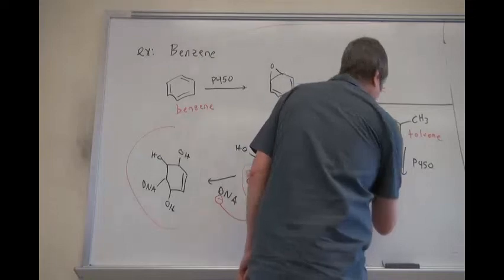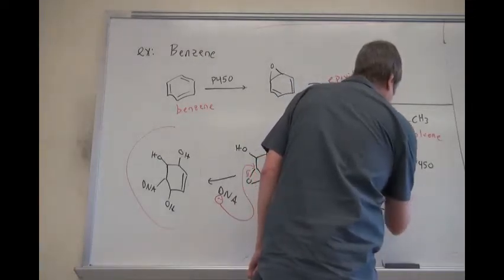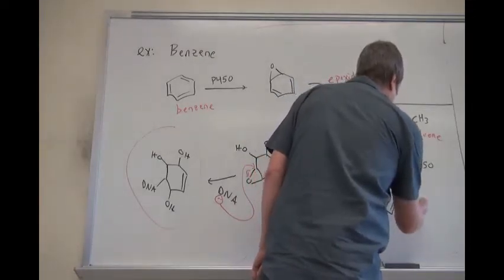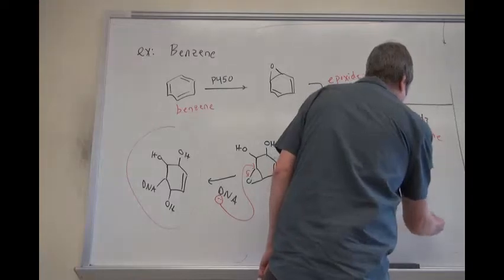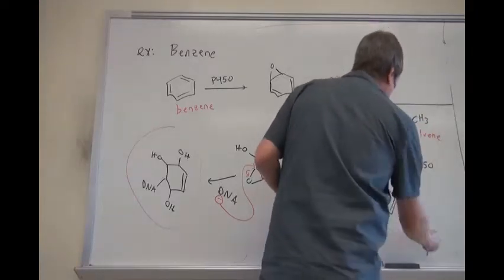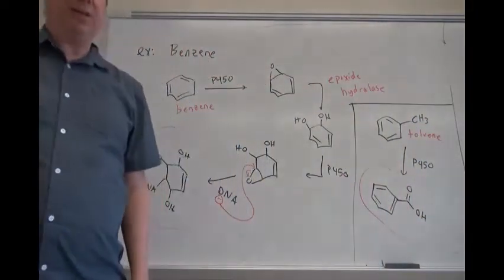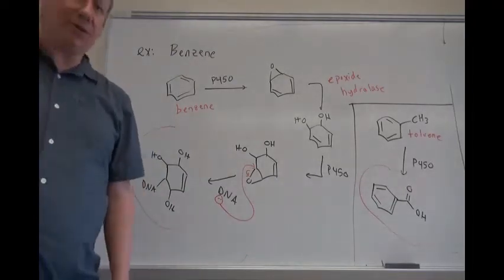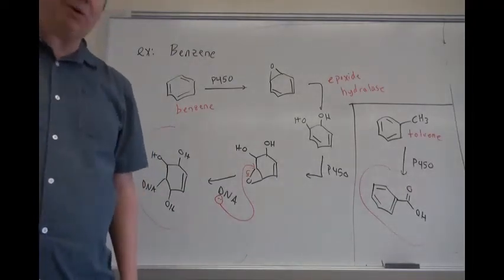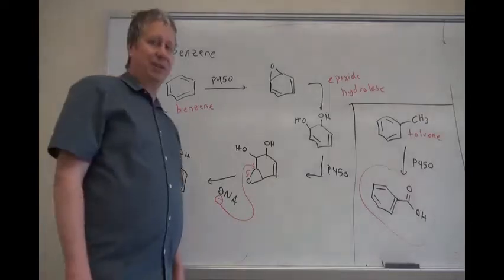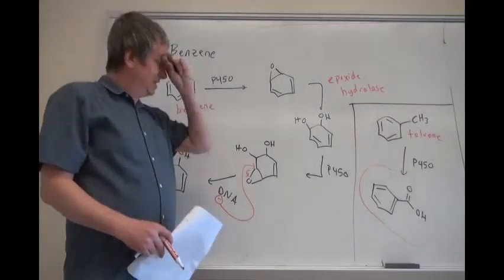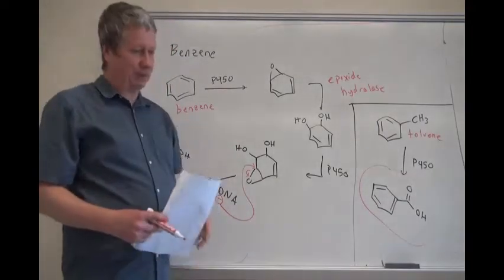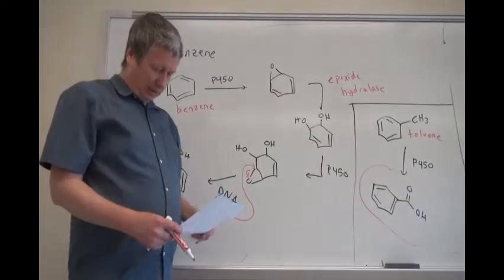So it oxidizes it to benzoic acid, the carboxylic acid, and that's safely excreted. So that's a very nice, easy polar molecule that can be excreted by your kidneys. So that's the difference between benzene and toluene. Okay, cool.